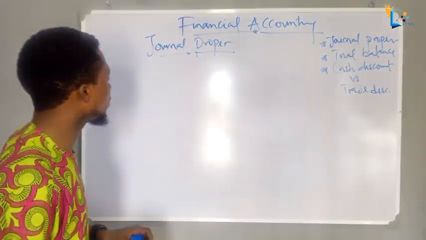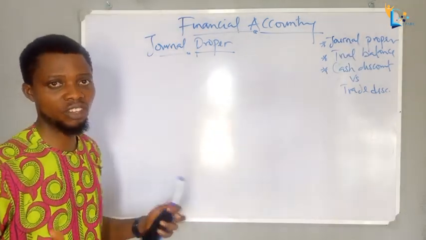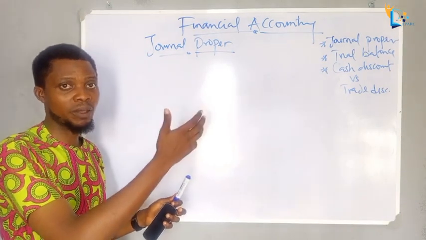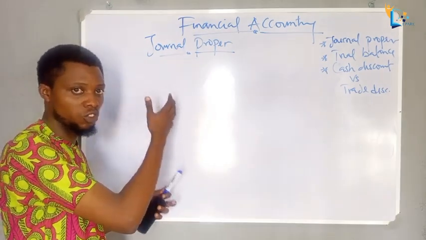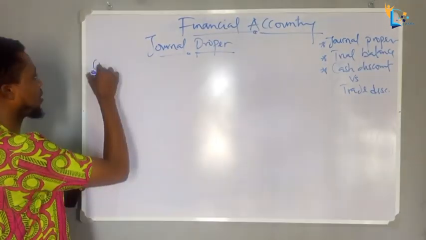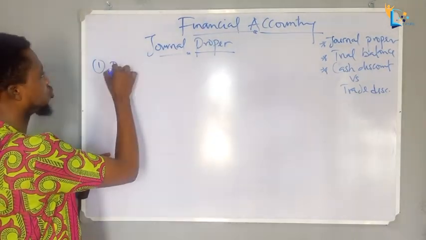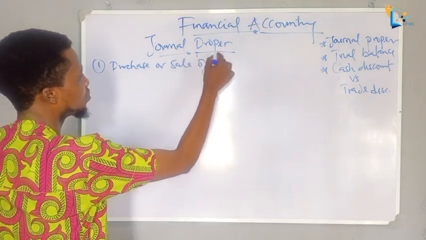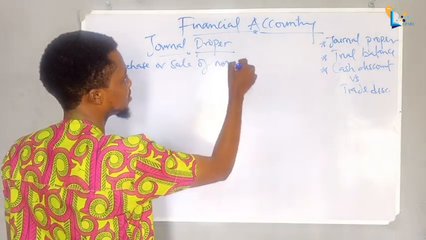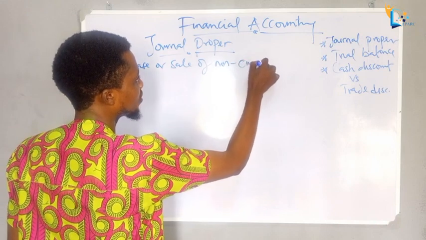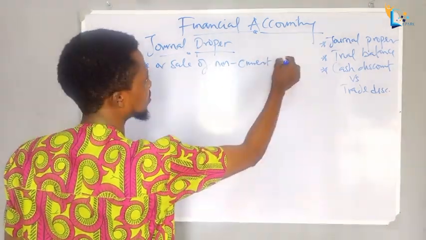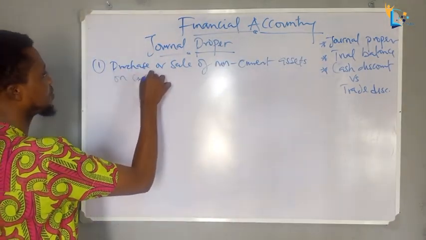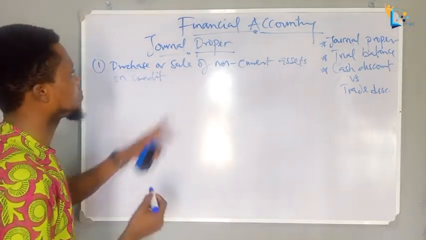All right, and what are these transactions that other books cannot accommodate but can go into the journal proper? Number one of it is purchase or sale of non-current assets on credit.